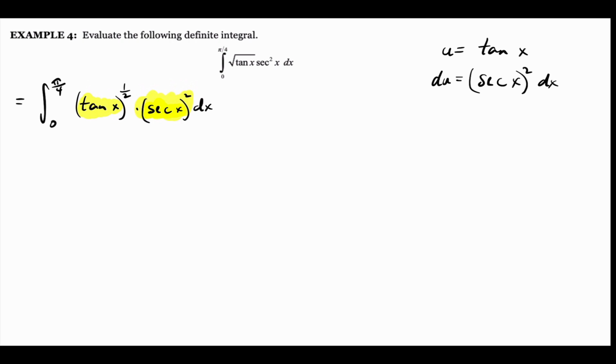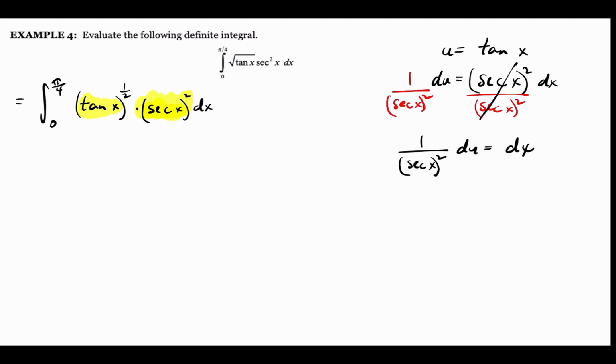So u is tangent of x. The derivative of tangent is secant squared of x dx. Divide by secant squared of x, so I get 1 over secant squared of x du equals dx. So I'm going to switch in u for tangent. That leaves secant squared.